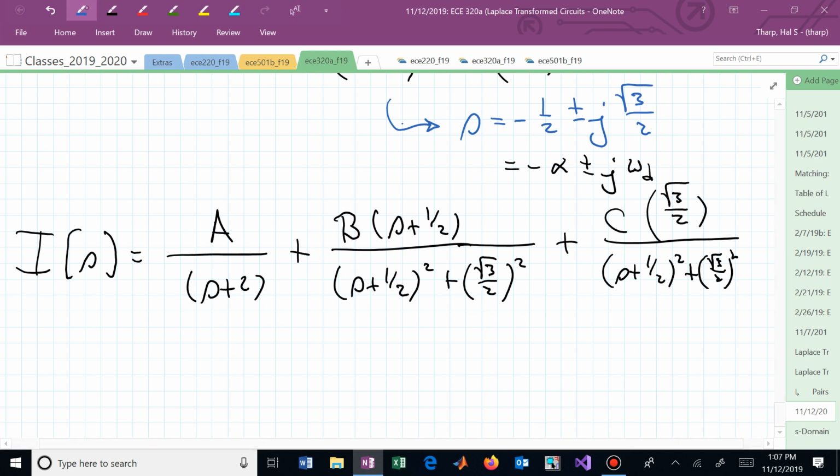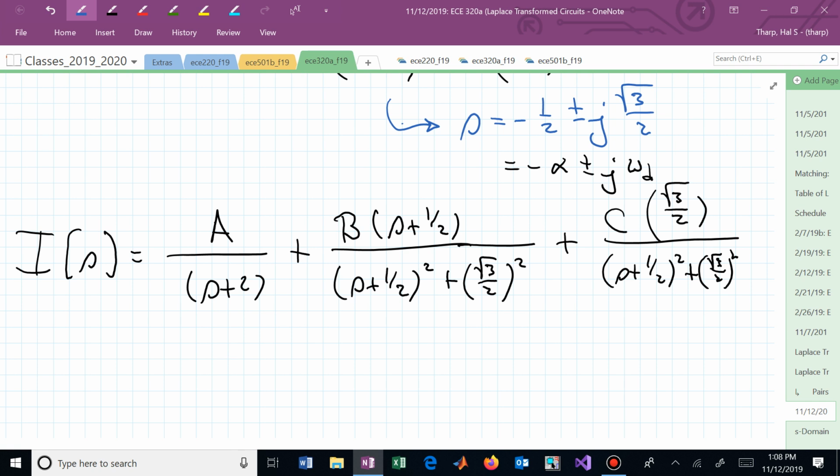And now on the final, if I said, what's the structure of the current flowing through that circuit? You wouldn't have to find A, B, and C. When I say structure, you just use A, B, and C as constants. Given enough time, I could find those. Right?